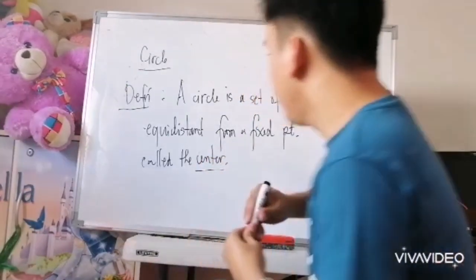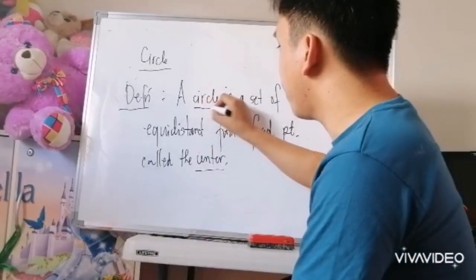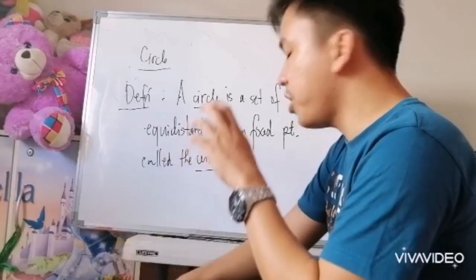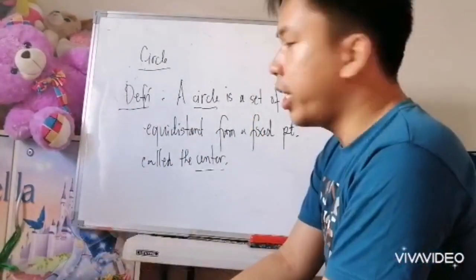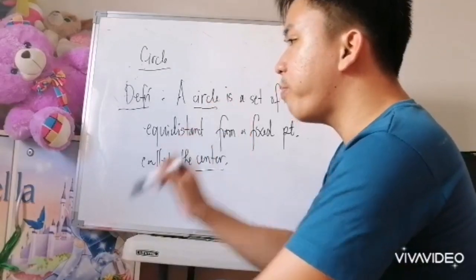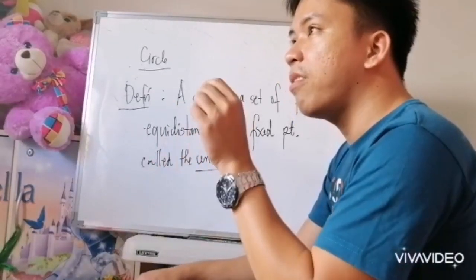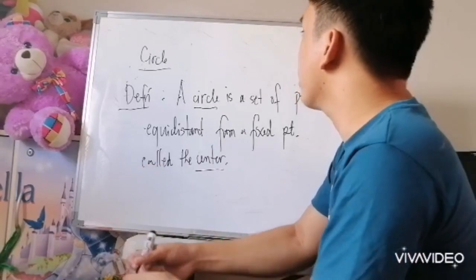Take note of this. Keywords are: you have a set of points, so an infinite number of points. Those points are equidistant from the so-called center, which is the fixed point.